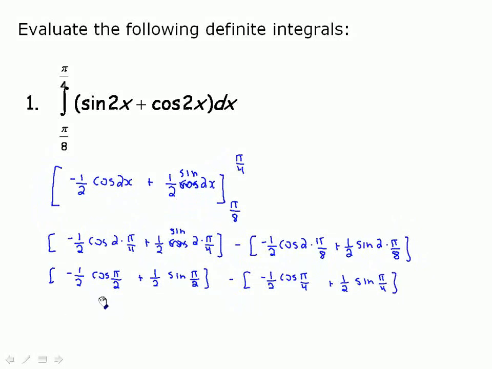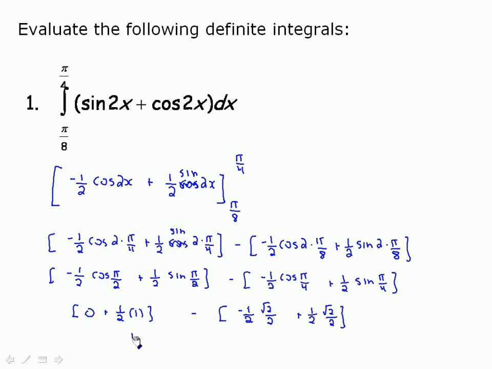So cos of pi over 2 is 0, plus 1/2 sine of pi over 2. We just saw that earlier. That's just 1. And then here, cosine of pi over 4 is negative 1/2 times root 2 over 2, plus 1/2 times root 2 over 2.